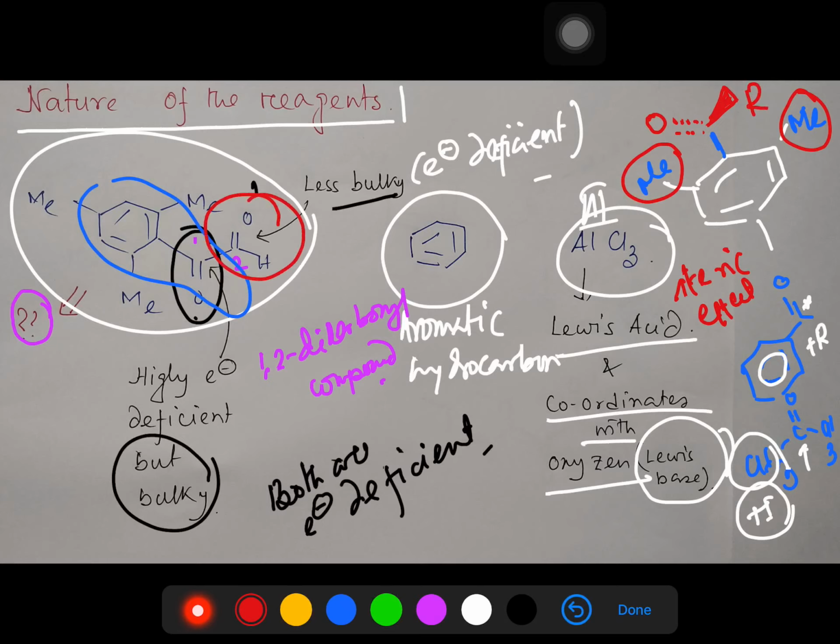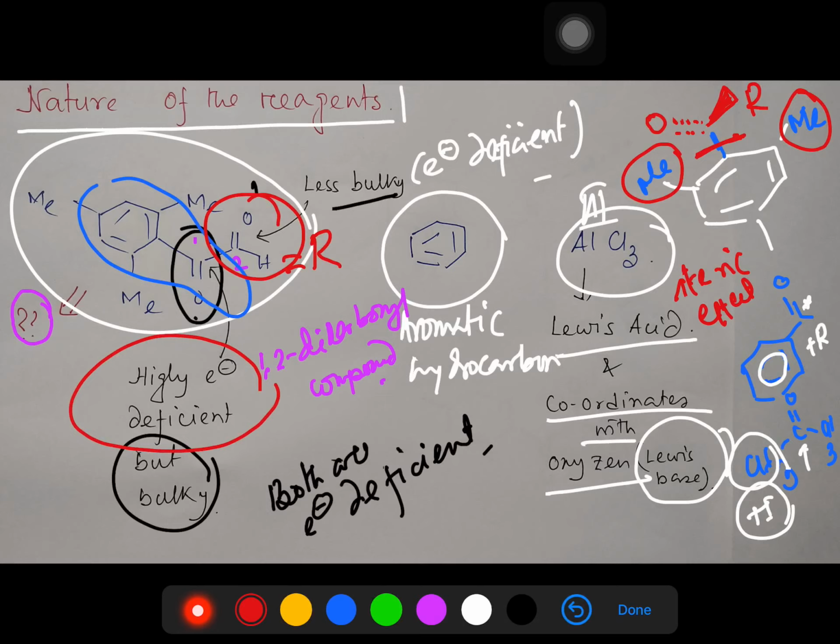I am considering this part as R. So it is not like a simple aromatic ketone. Because of this steric inhibition of delocalization, it remains out of plane. Consequently there is no mesomeric effect, and that's why it is highly electron deficient, although it is a ketone. I believe you have understood the concept.